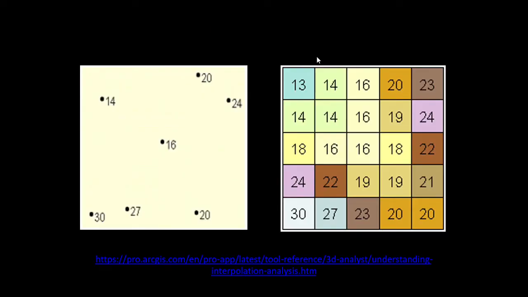But once again, the moral of the story is that here we have point data, individual points, and from that we create a continuous surface. So we know this point, let's say all things within this are 20, 24, 16, 14, 30.